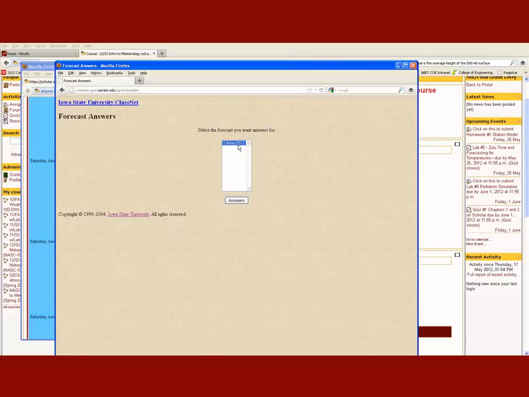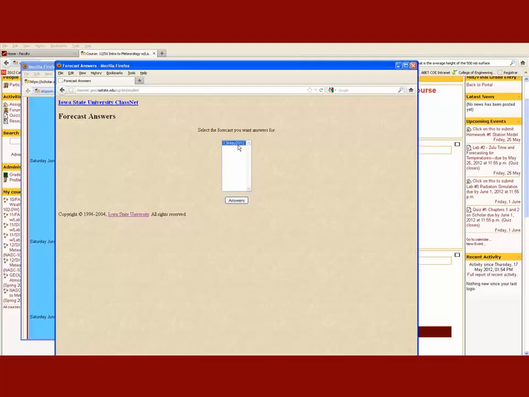So now you're not going to get immediate grading on this forecasting assignment, because what happens, well, first of all, the next day has to occur, and then after that, that data has to be uploaded to the computer program, then the computer program grades it.